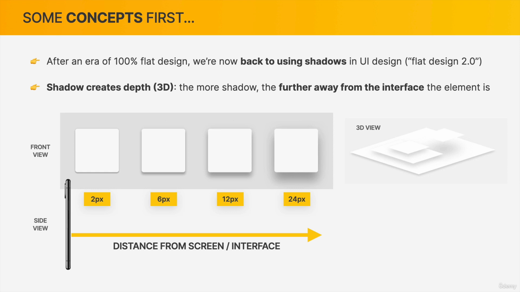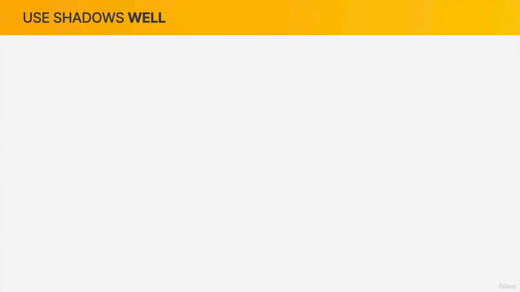Finally, I also want to just mention that we can use shadows on both boxes and on text. Now, in this lecture, we will focus on shadows on boxes though, which is what we see in these diagrams here. All right, so let's now see how we can use this idea of shadows in design.